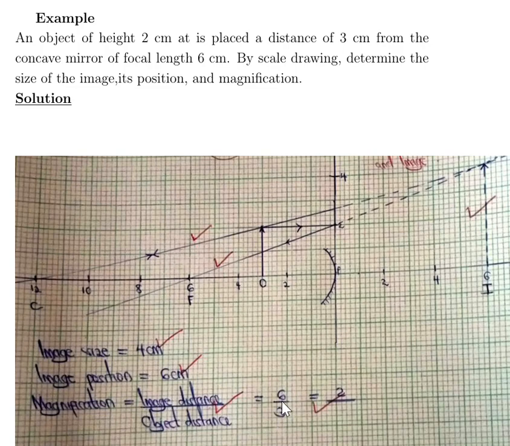Now we have the distances in centimeters, and therefore our magnification has no units, the reason being it's a ratio of two similar quantities. In this particular case, the magnification is 2. That means the size of the image is twice that of the object.